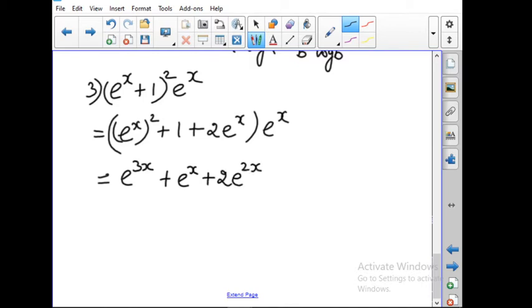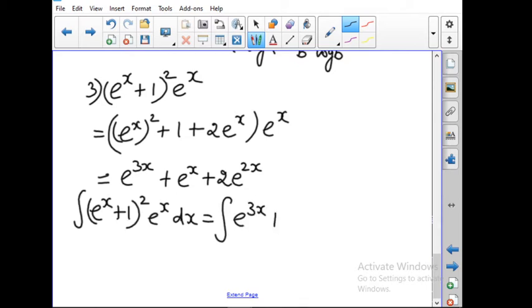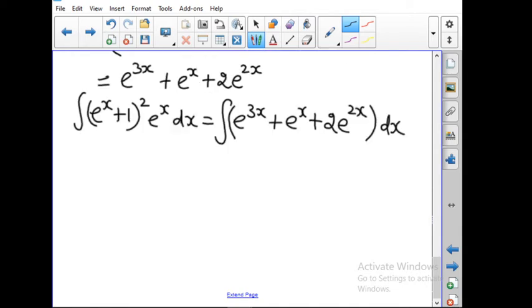Now we are going to integrate this. The integral of (e^x + 1)^2 into e^x dx is equal to the integral of e^(3x) + e^x + 2e^(2x) dx. Now we can easily integrate using the formula for e^(ax+b).